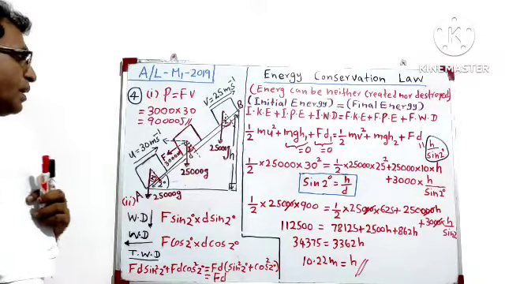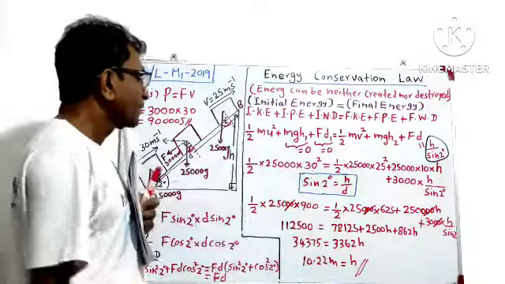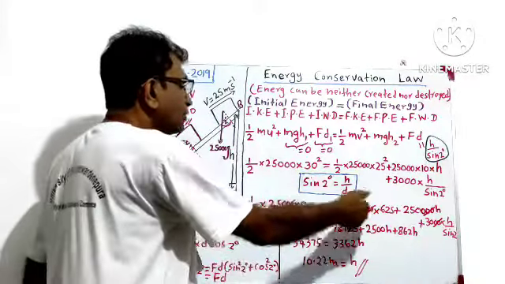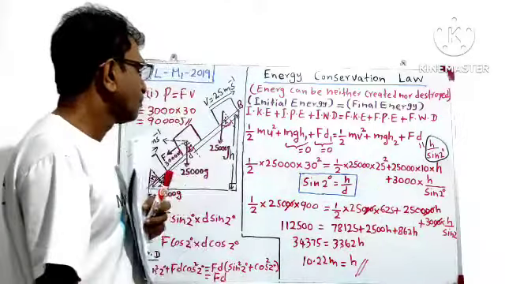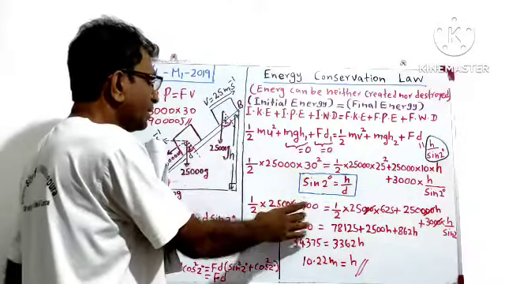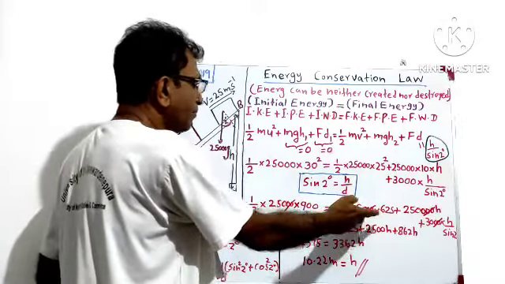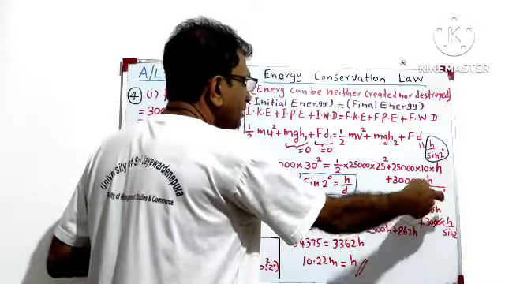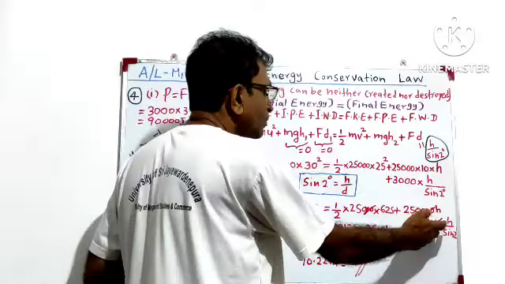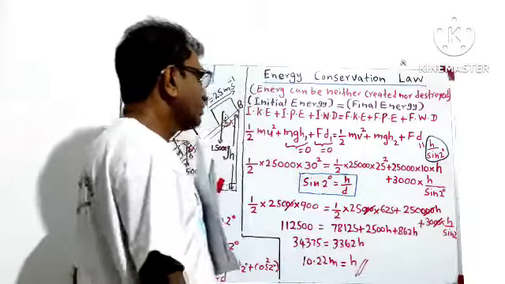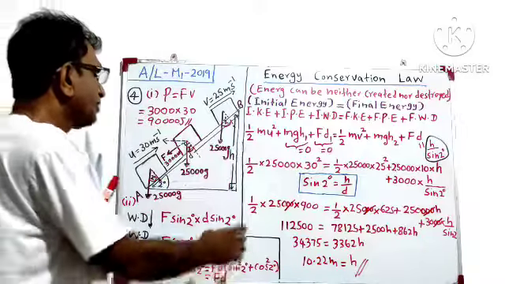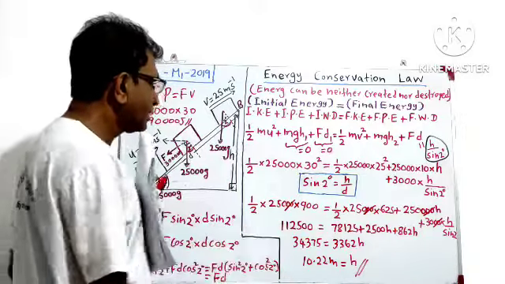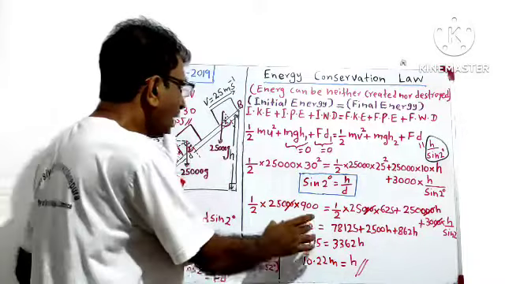Children, now we can simplify. We can cut 2 zeros from each of these components: the kinetic part, the potential energy, and the work done. Then if we simplify, what is the answer for this?